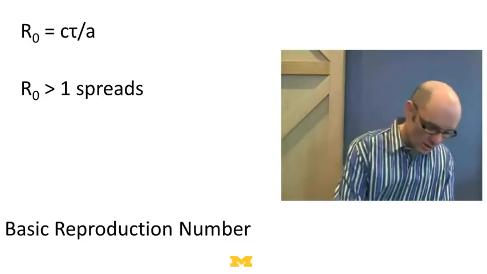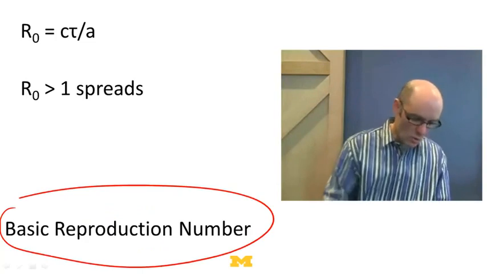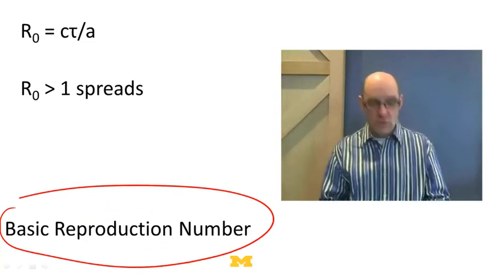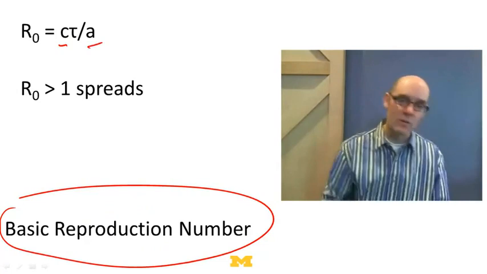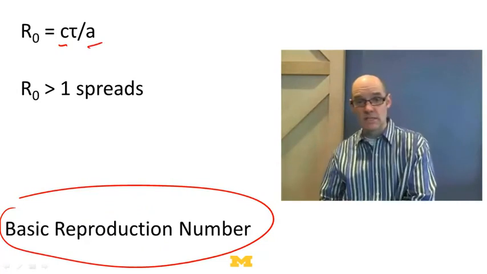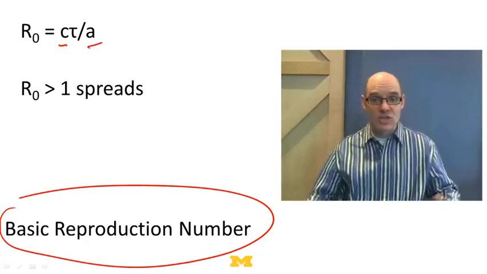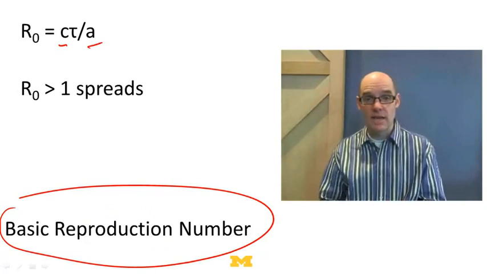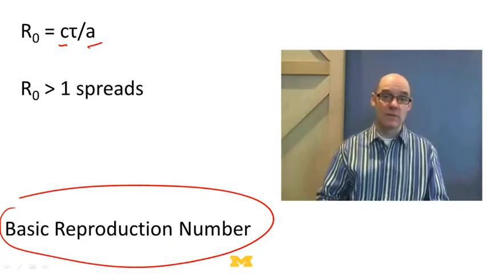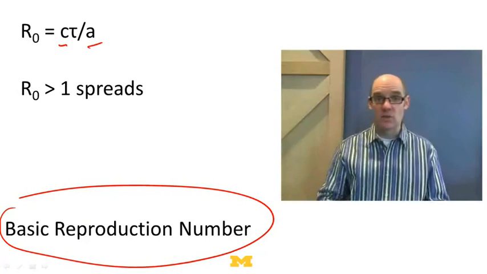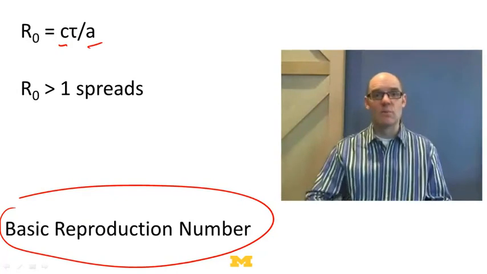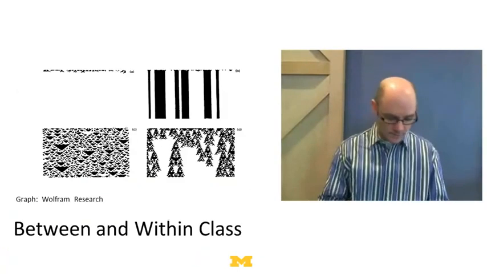R0 was the basic reproduction number. When we change the virulence of the disease, or the rate at which people contact, or the rate at which people recover from the disease, that's changing the context in which that disease spreads, and it's changing the likelihood then, once the disease gets kick-started, that it's going to spread throughout the population. So changing the context is what makes these direct tips possible.